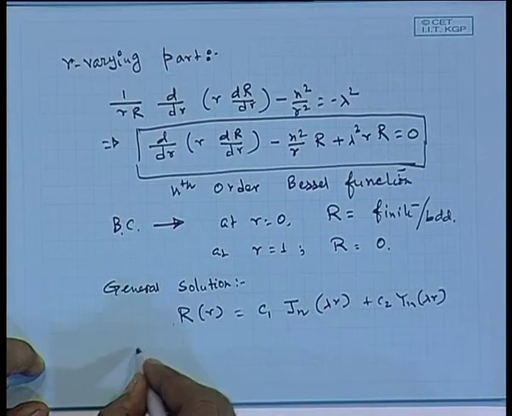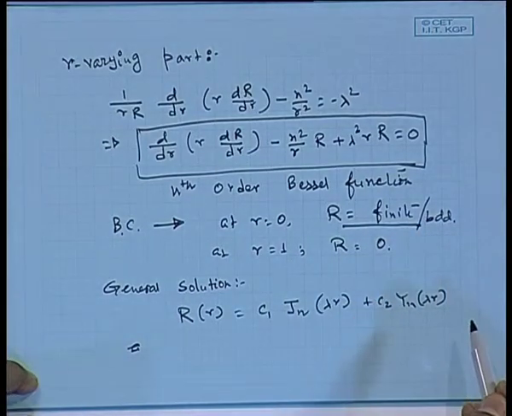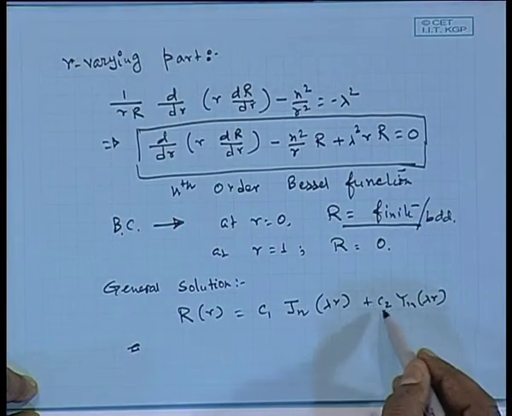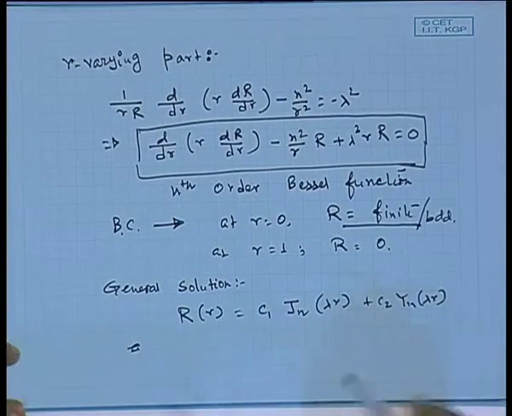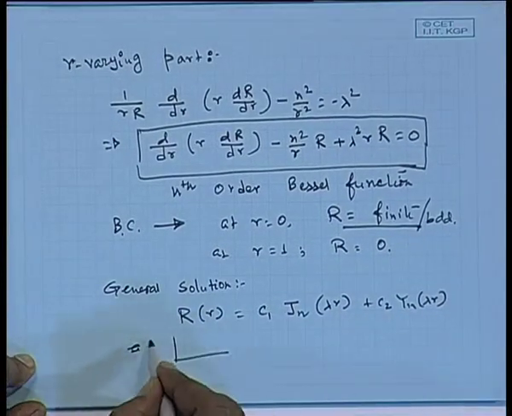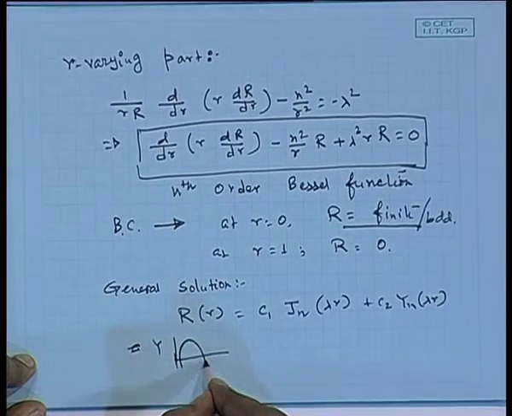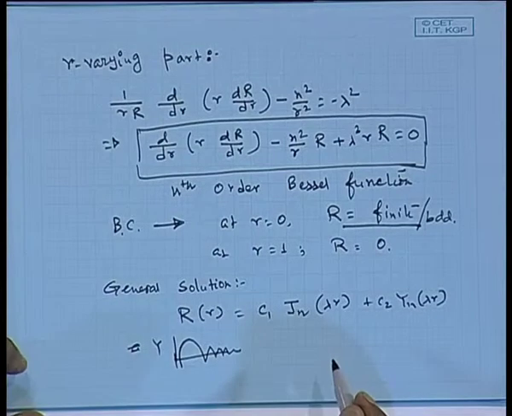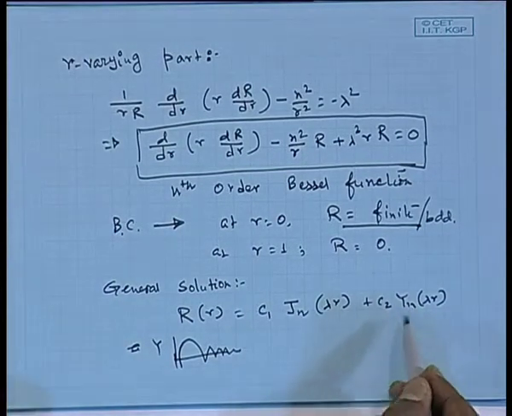Now, at r equal to 0, capital R is finite or bounded. That indicates that at r equal to 0, the constant associated with Y_n must be equal to 0, because Y_n is not defined at the center. Y_n goes unbounded at r equal to 0.